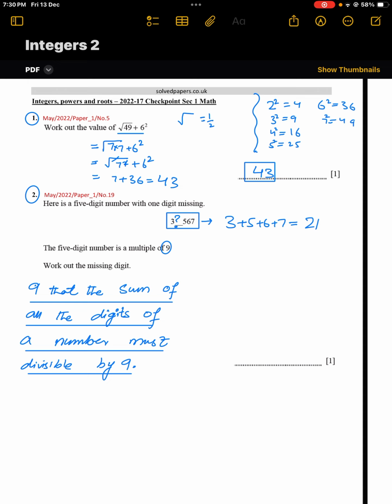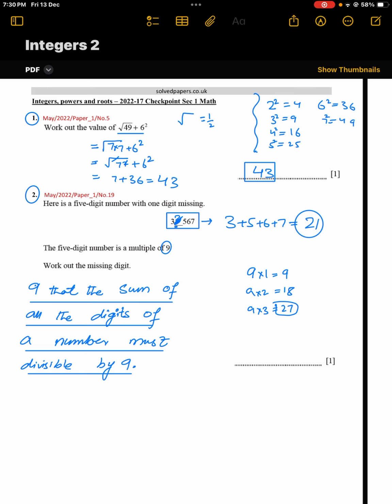If we look at the table of 9, 9 times 1 is 9, 9 times 2 is 18, 9 times 3 is 27. This 27 is closer to 21, which means I can add something to this 21.